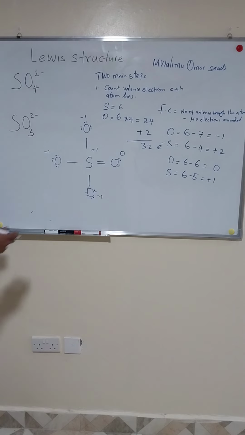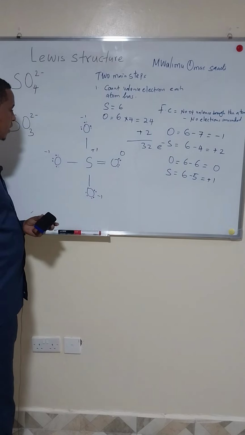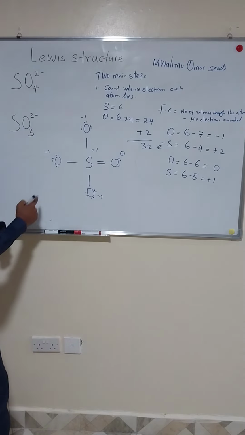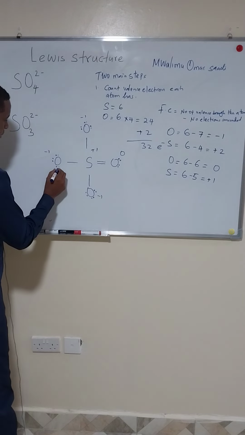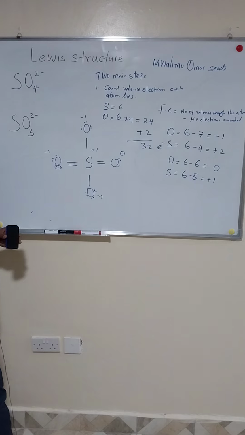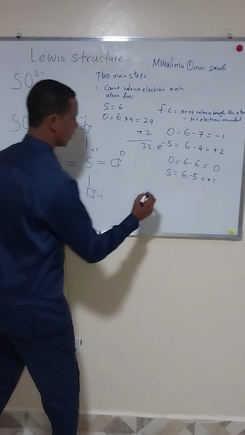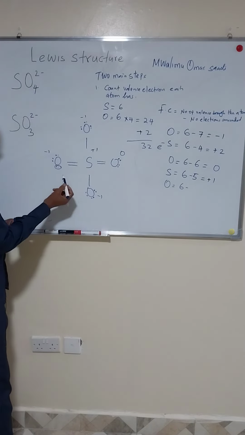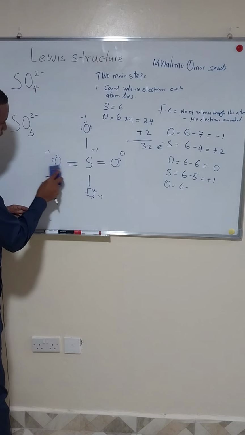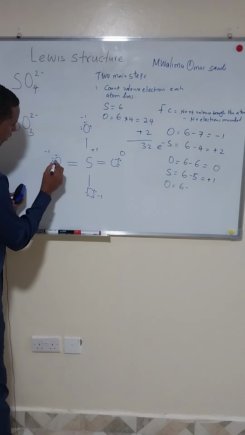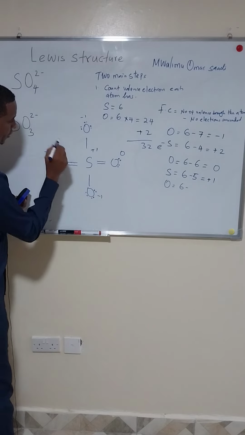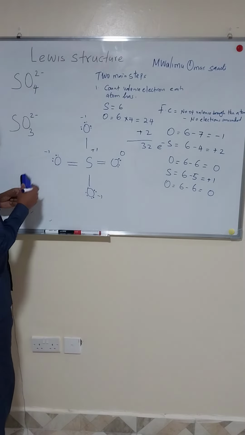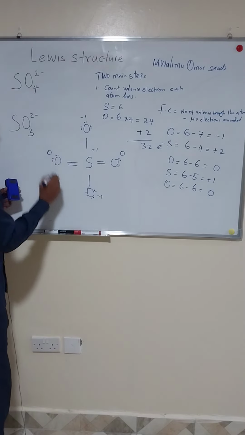We still need to minimize the formal charge of 1 oxygen and sulfur. Let's again minimize this. We remove these 2 electrons and bond them here. Then that oxygen will have 6 minus 6, so the formal charge of that oxygen again is 0.